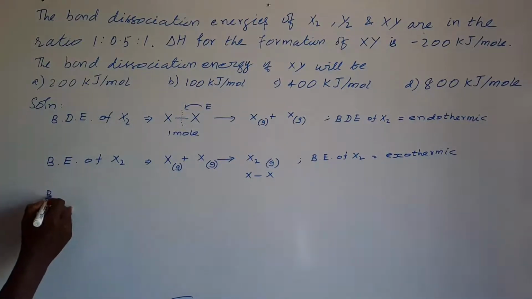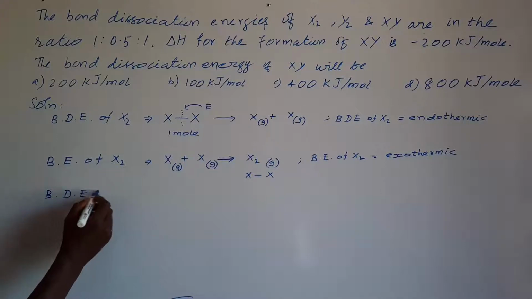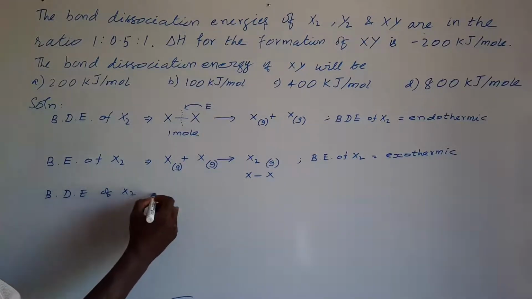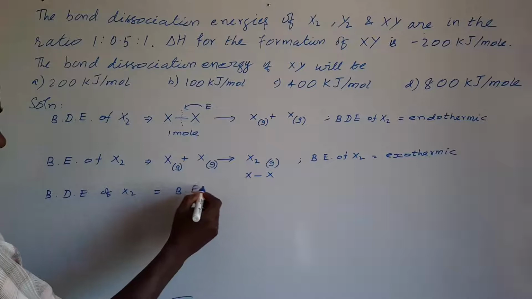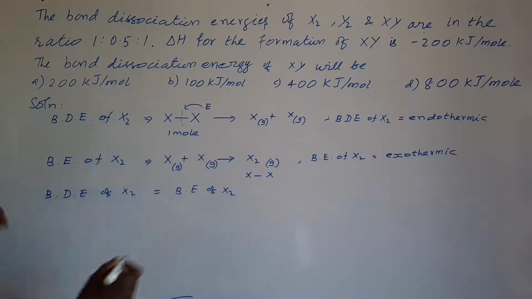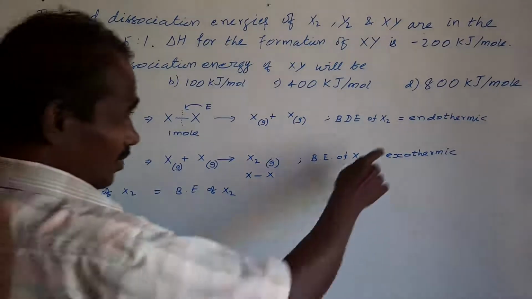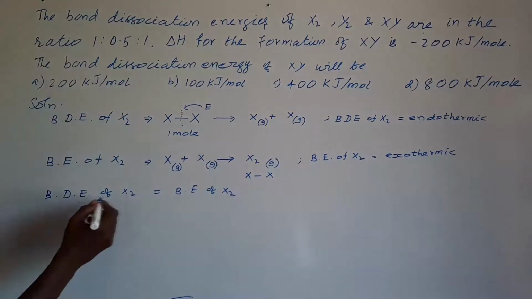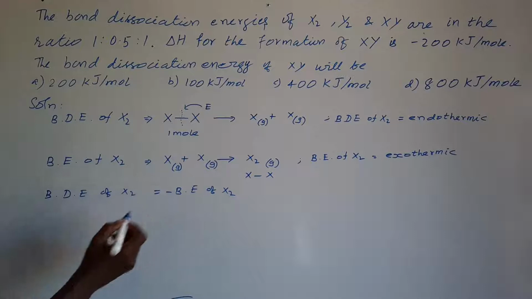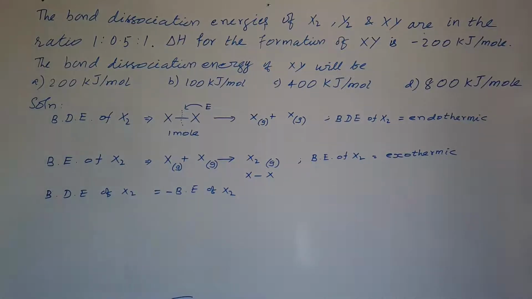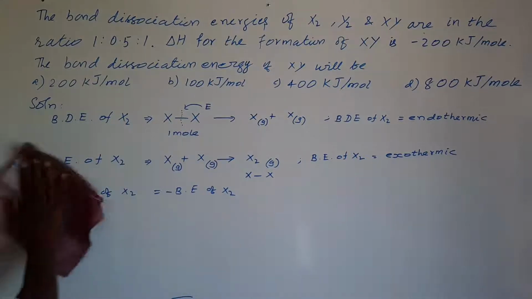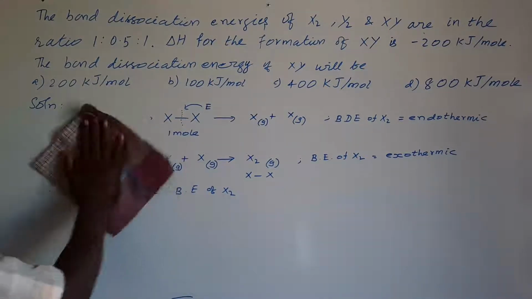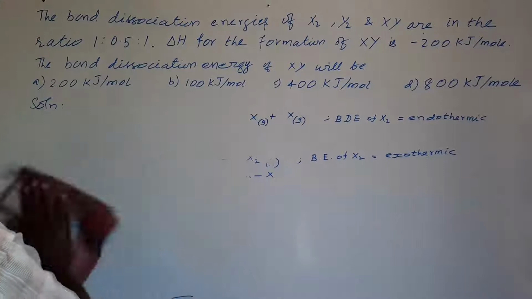So we can say bond dissociation energy of X2 is equal to bond energy of X2. Then what is the difference? One is endothermic, another one is exothermic. Therefore they are equal in magnitude and opposite in sign. Okay, so we have understood bond dissociation energy. We will see the second line next.